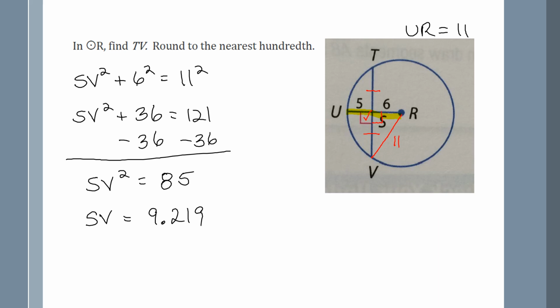So TV is going to equal 2SV. So we're going to double it: multiply this times 2, and I've got 18.439. So this would round up to 18.44.